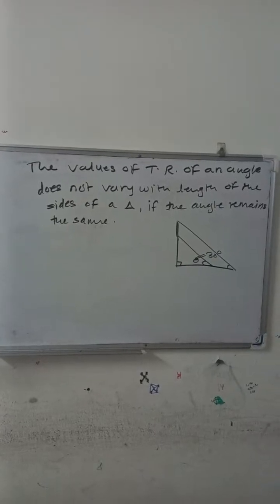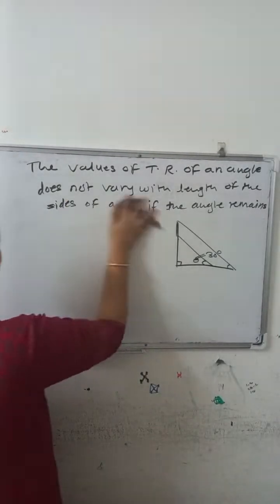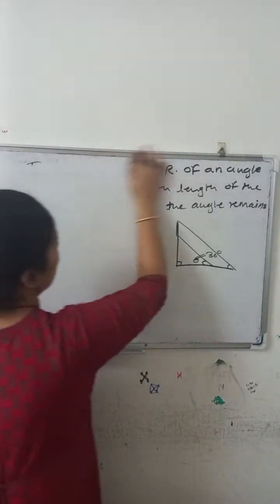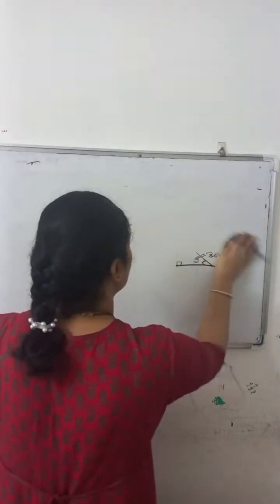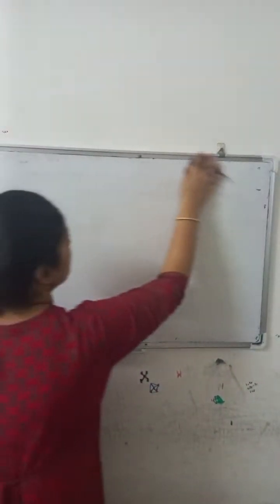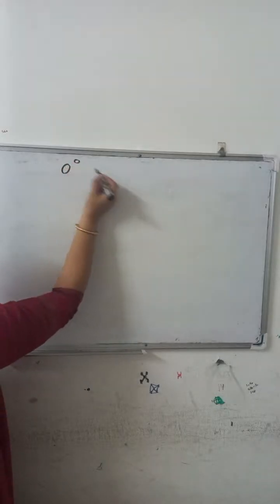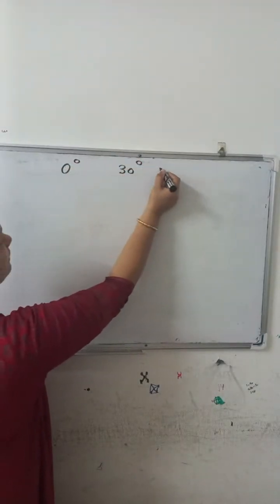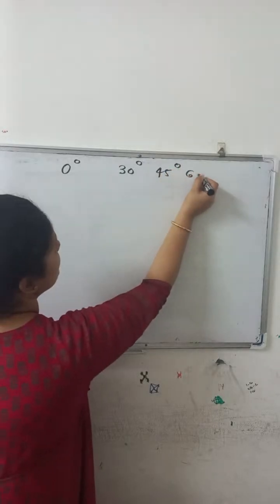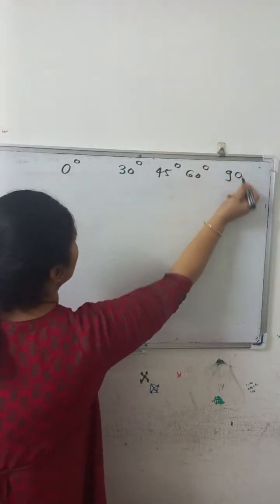Okay, so next are the trigonometric ratios for the angles. For 10th, we deal with angles from 0 to 90, not exceeding 90. Now we have a table to remember the values. Here I will write 0 degree, 30 degree, 45 degree, 60 degree, and 90 degree.